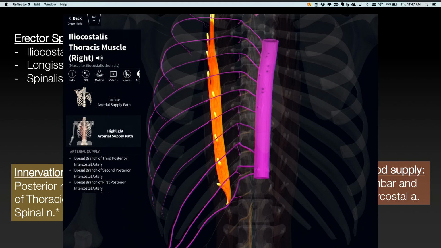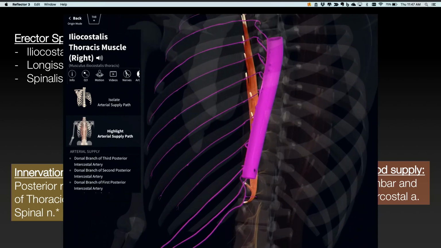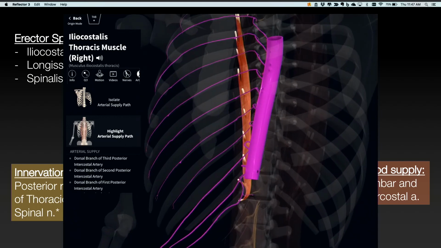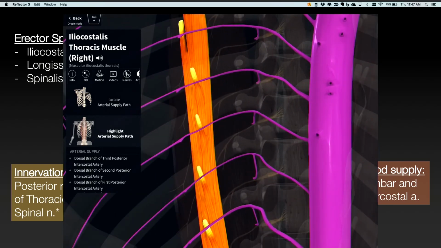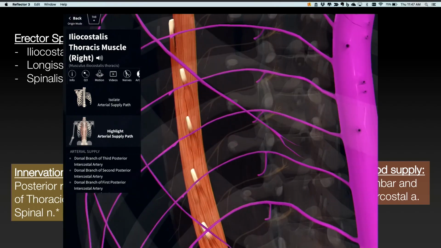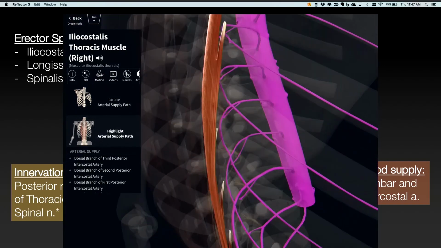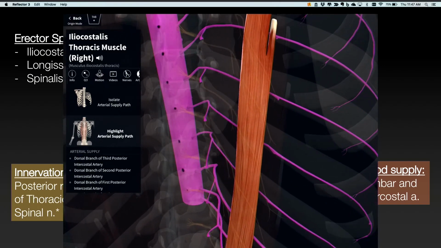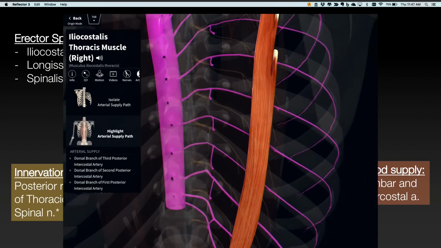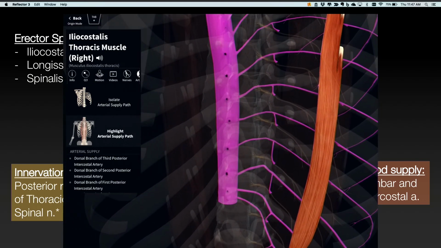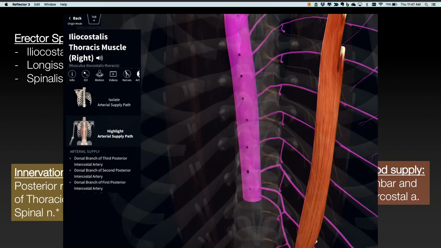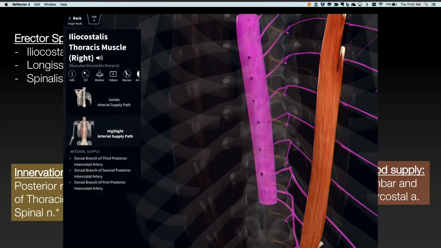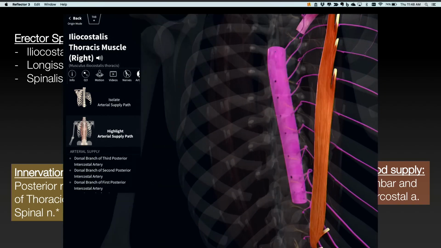These travel in the costal grooves all the way along the border of the ribs, as you can see here, supplying not only the muscles of the deep back, but, for our purposes here, supplying iliocostalis, longissimus, and spinalis. So now we have a really nice sense of where that nervous supply comes from, where that arterial supply comes from, and the actions of these muscles.